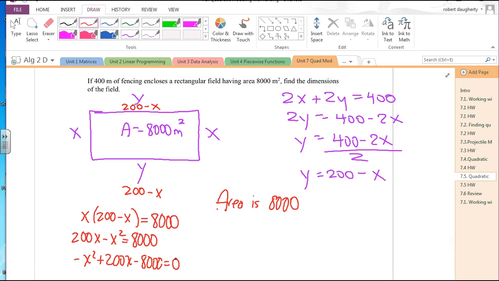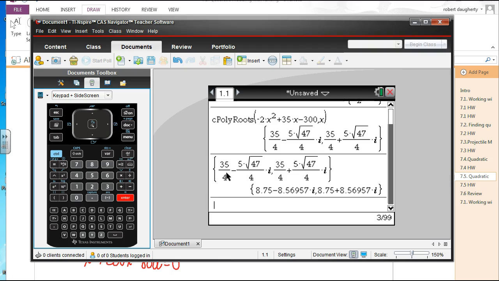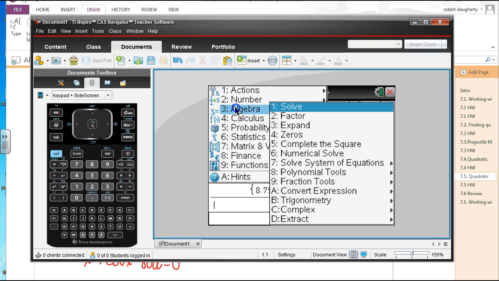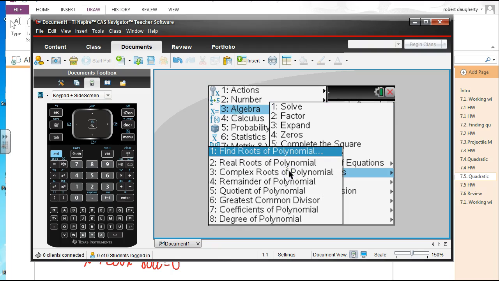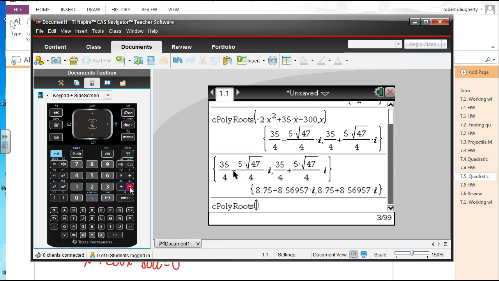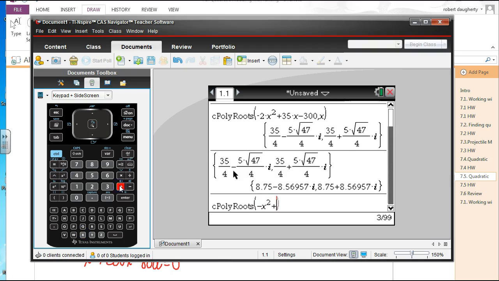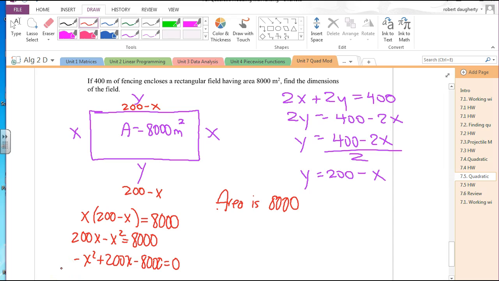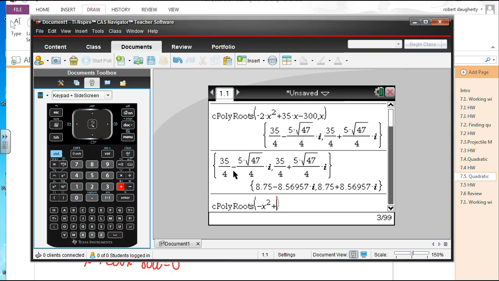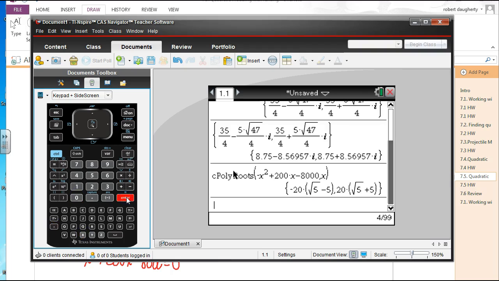That's with the calculator. So I'm going to go over here and say menu, algebra, polynomial, complex. So minus x squared plus, what was it, 200x minus 8,000, comma, x.